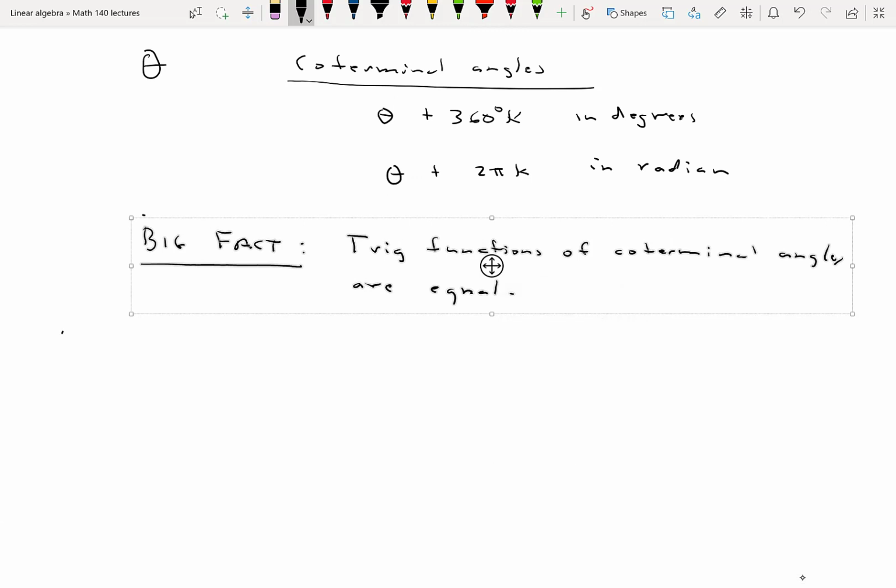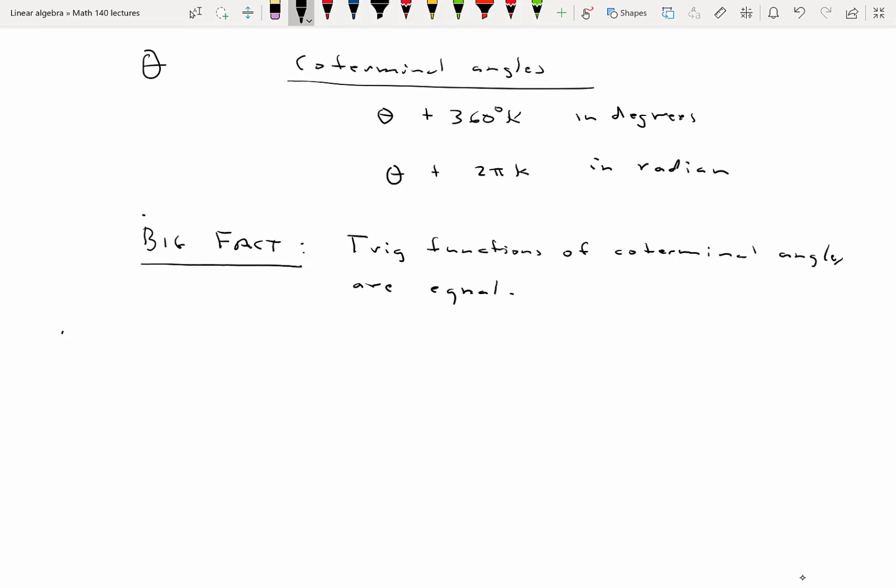So now, this statement, trig functions of coterminal angles are equal, buried in that statement are 12 identities. They're all in your textbook. I think I wrote in my notes a long time ago that they're on page 144 of the 5th edition, our textbook.